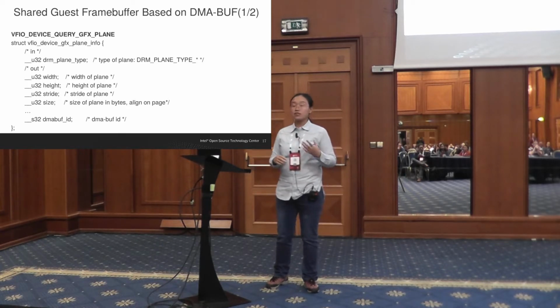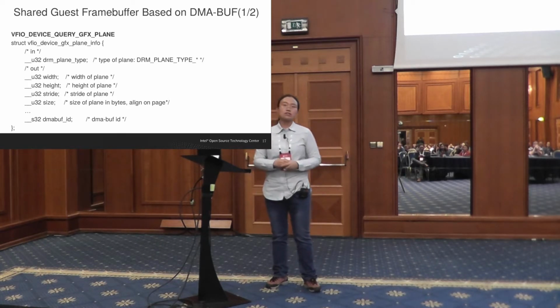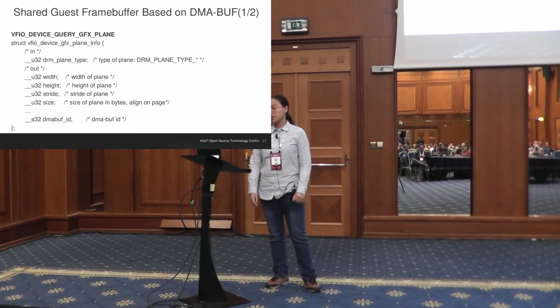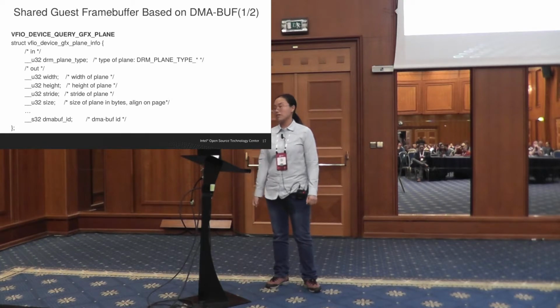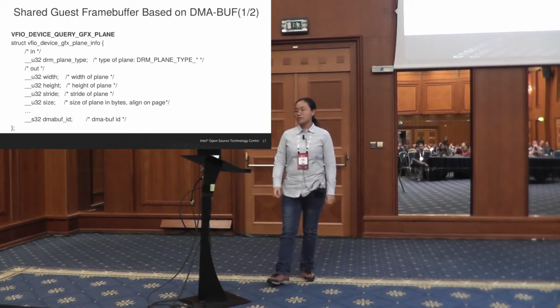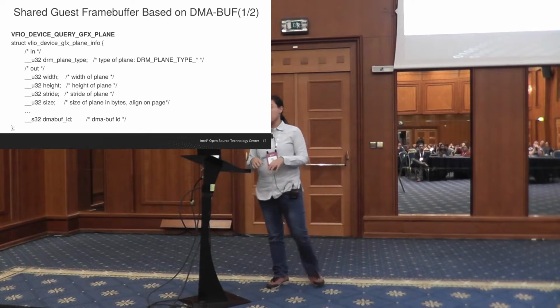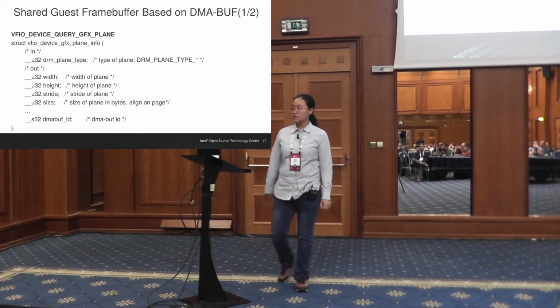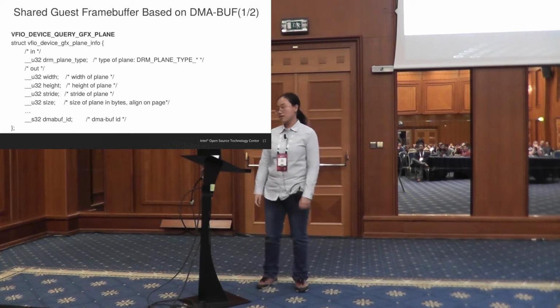We have several types of frame buffer. Currently, we support cursor plane and the primary plane. So the user needs to tell the mediated device driver which plane it wants. Then the mediated virtual GPU driver can return this information to the user space.